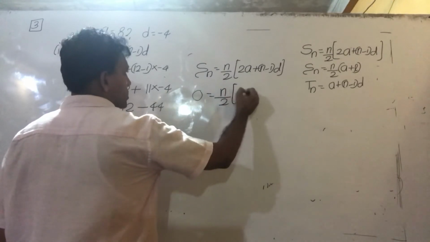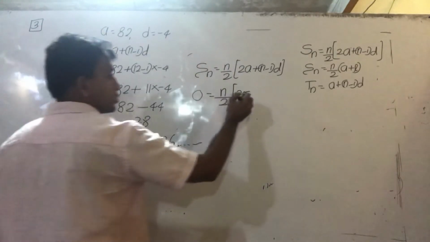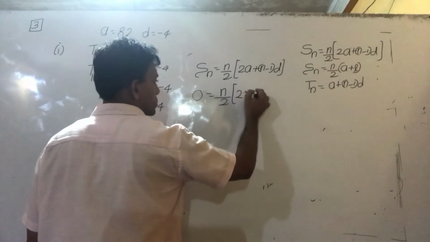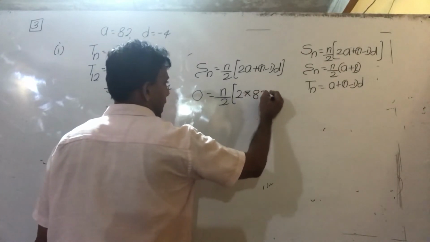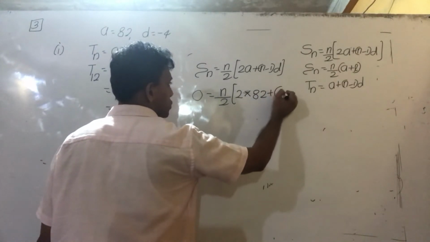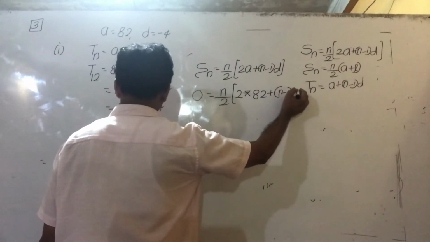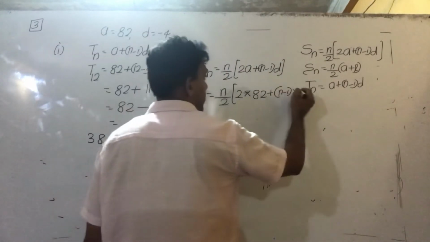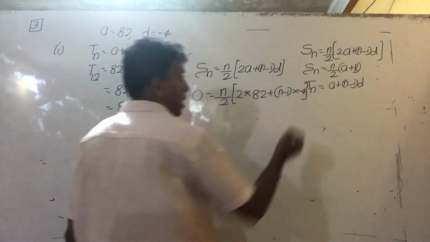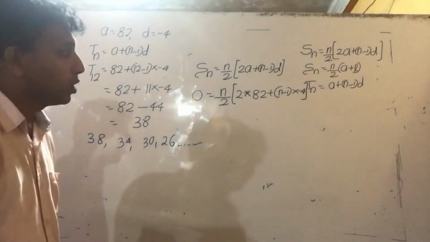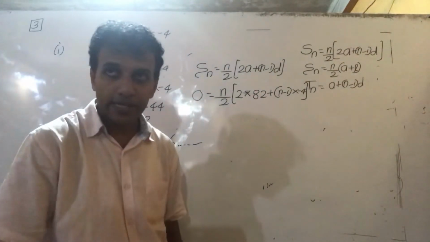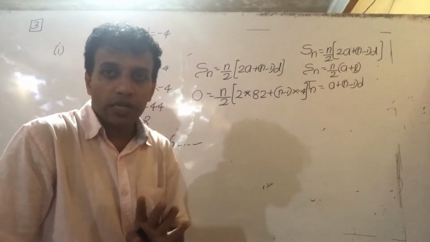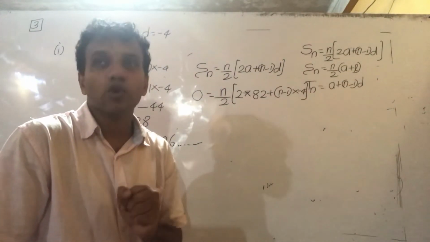2 times 82 plus (n minus 1), common difference what? Minus 4. Okay, minus 4. Now see the idea: in such a type of question, there is a quadratic equation.